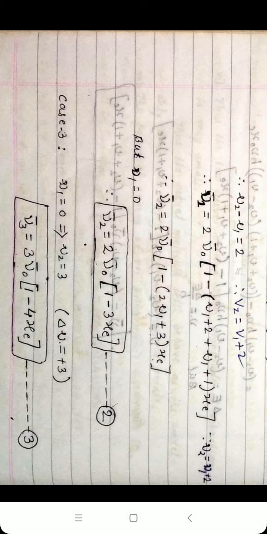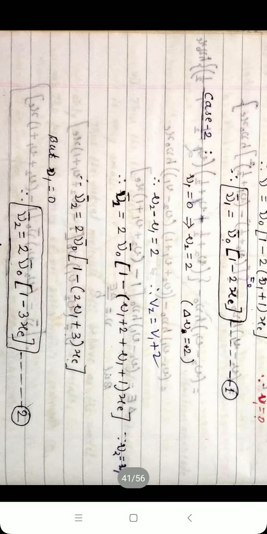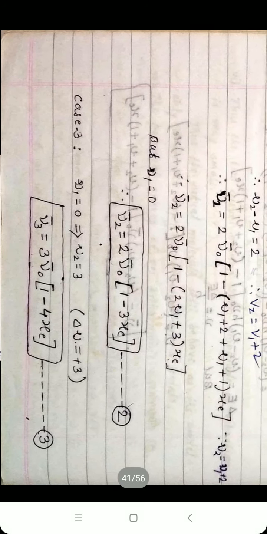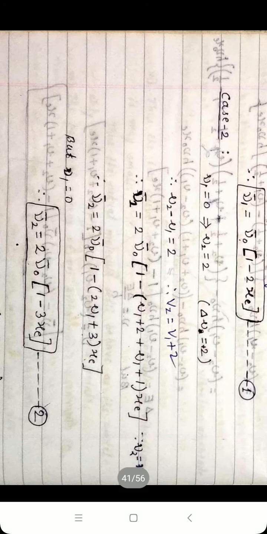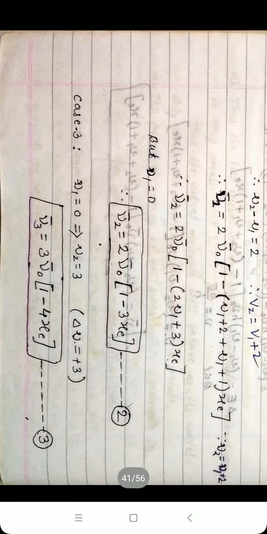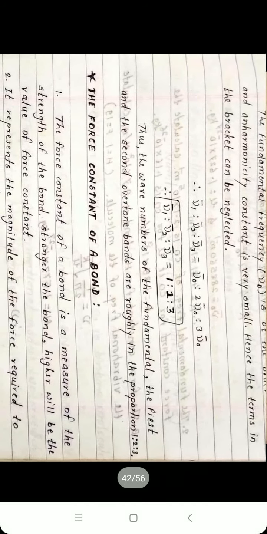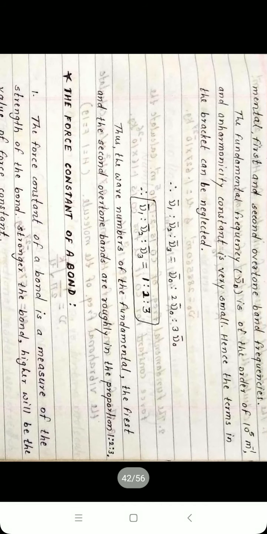By considering these three equations, equation 1, equation 2 and equation 3: for fundamental equation 1, for first overtone equation 2 and for second overtone equation 3.